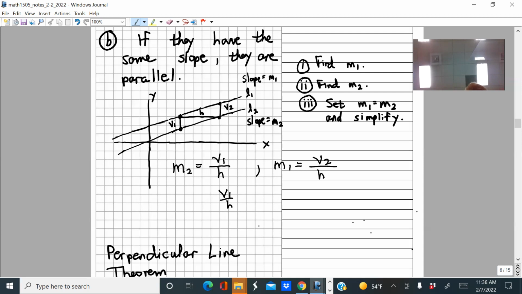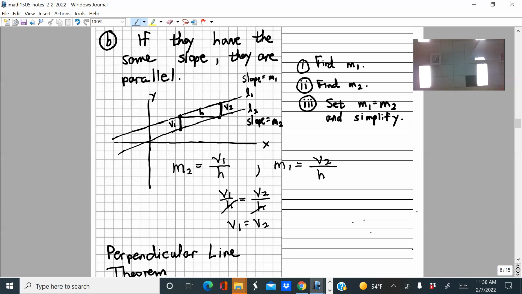V1 over H is equal to V2 over H because the slopes have to be the same. So guess what? You can cancel the H's from that equation. What do you have on both sides here? Yeah, you can cancel the H's. And you just end up with what? This distance is the same as this distance.